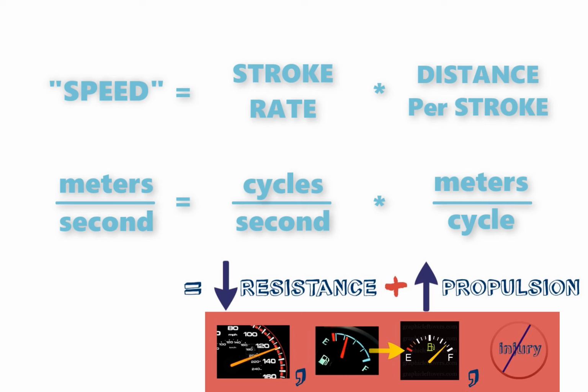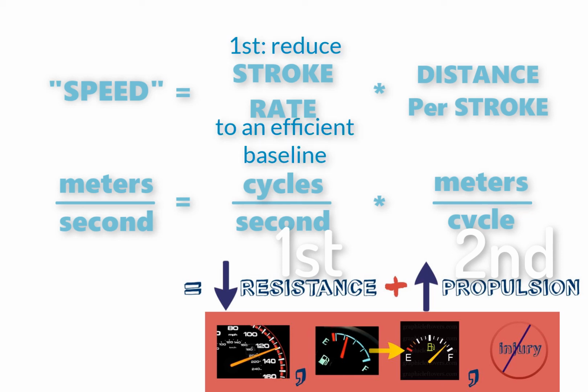Remember, the answer to this is to first reduce resistance and then increase propulsion in that order. Looks familiar, right? Reduce stroke rate to an efficient baseline. Then work on improving distance per stroke. Crazy, right?